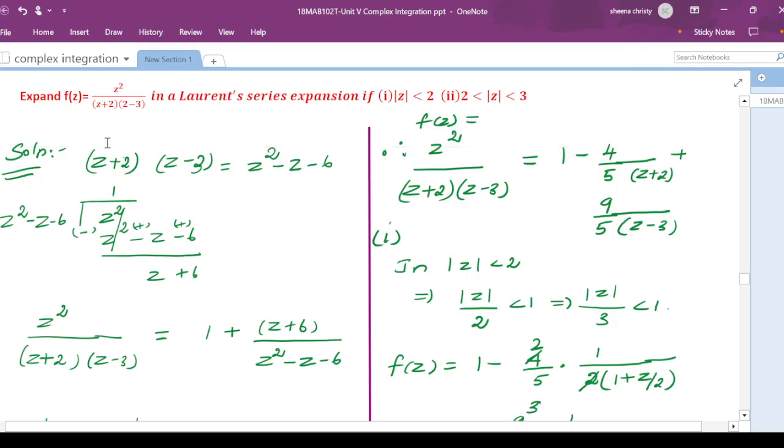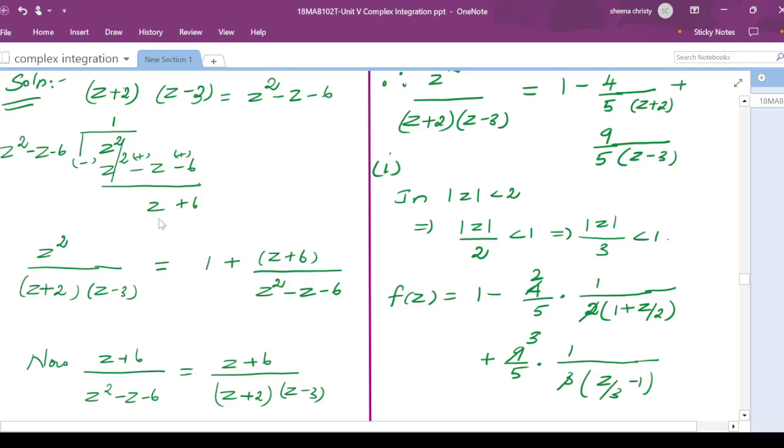For that, we know (z plus 2) into (z minus 3) gives you z square minus z minus 6. Divide z square by z square minus z minus 6. That gives you 1 as the quotient and z plus 6 as the remainder.